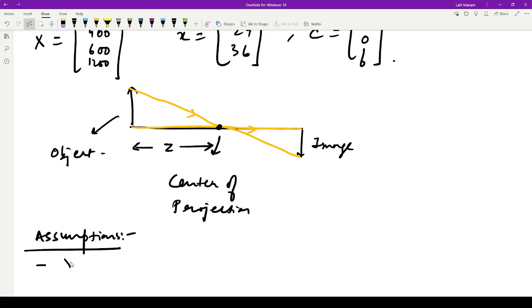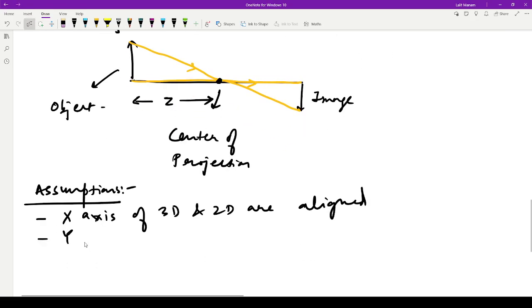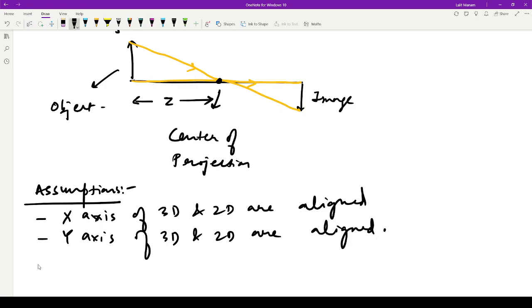Assumptions: x-axis of 3D and 2D are aligned. And again, same for y-axis: y-axis of 3D and 2D are aligned.